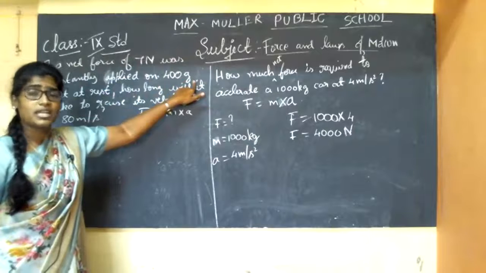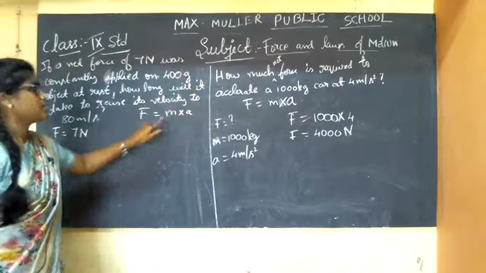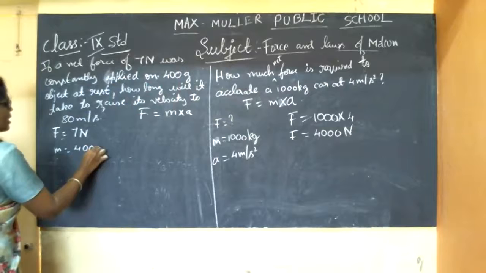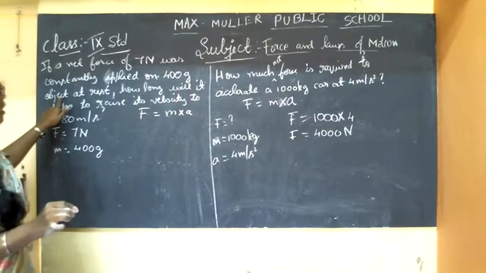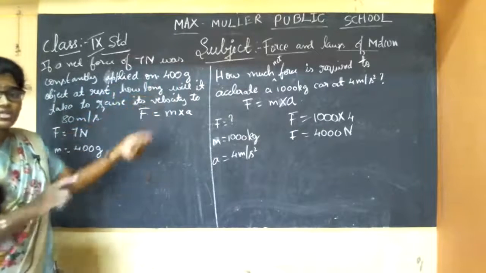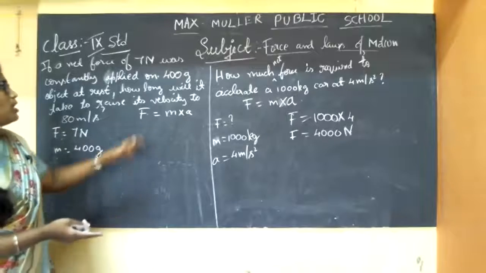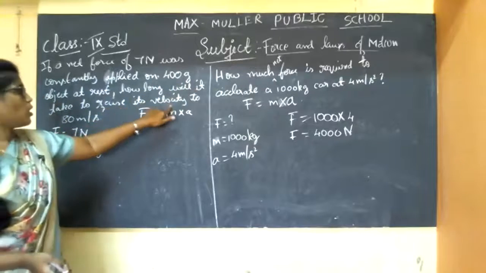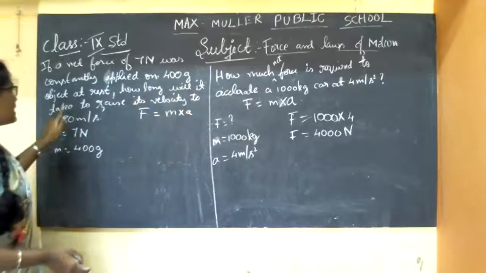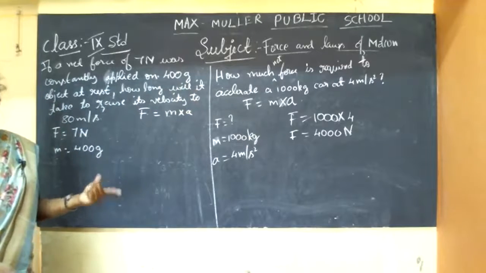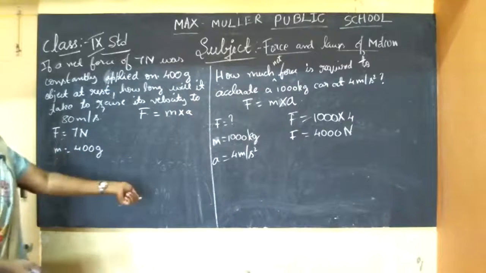G represents the grams. Grams is mass. They have given mass, which is 400 grams. Object at rest. How long? How long means they are asking you the time. How long will it take to raise its velocity to 80 meter per second? One velocity is given, which is 80 meter per second, and they are asking you to find out the time.